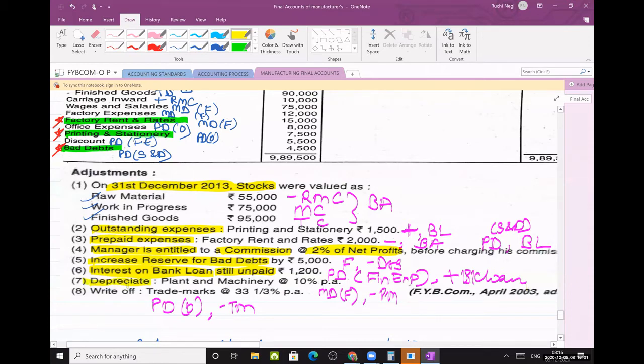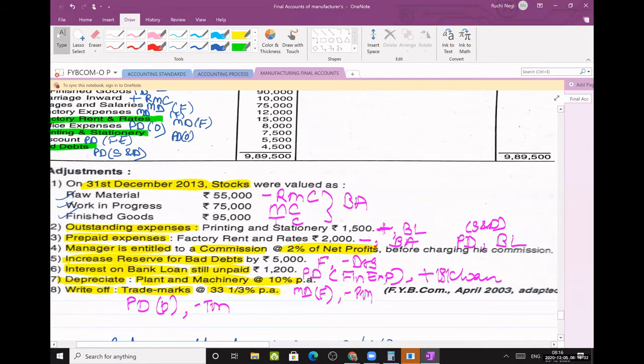And depreciate plant 10%. Two effects: manufacturing debit under the heading factory, and second effect will be less for plant. Then write-off trademarks, that is depreciation, and debit under the heading office, and the second effect will be less trademarks.